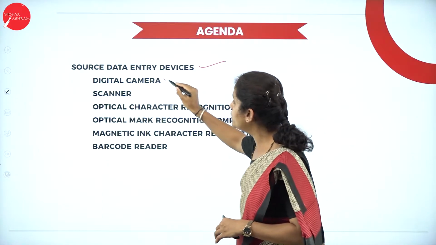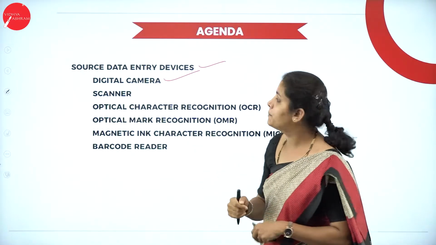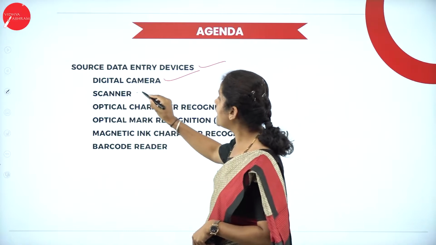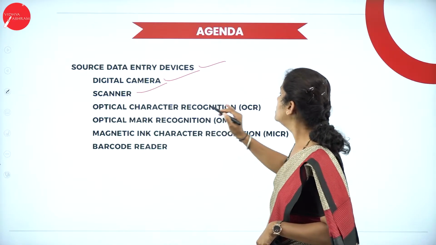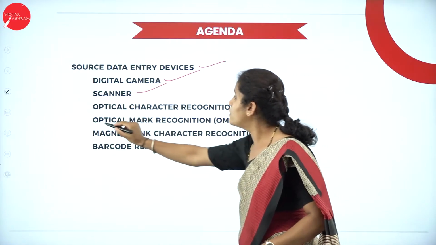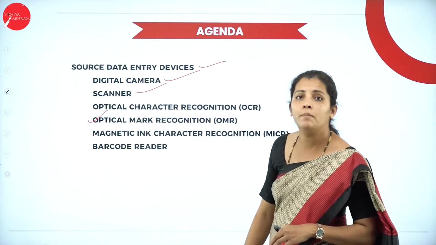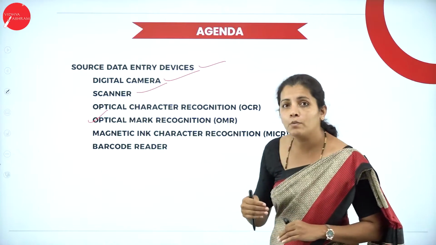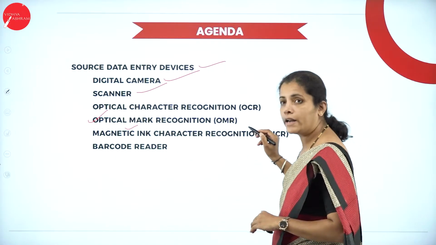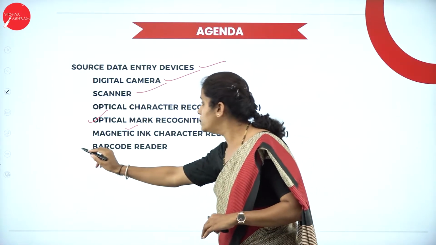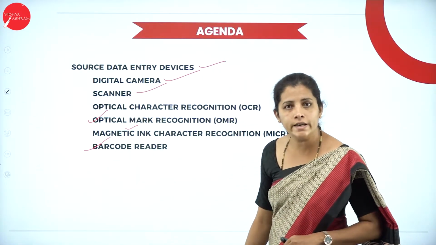In that, I'm going to explain digital camera, then scanner, then optical character recognizer, then optical mark recognizer, then magnetic ink character recognizer, then barcode reader.